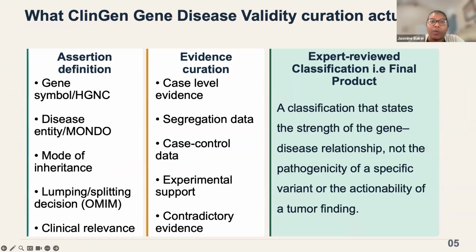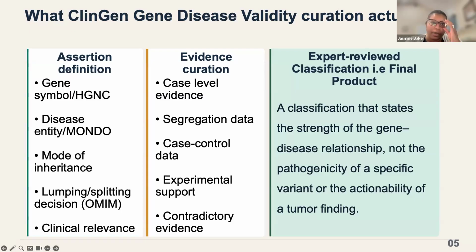So in short, what our ClinGen gene disease validity curation actually does can be lumped into three major buckets. First we have our assertion definition, and this is what happens during our pre-curation phase. It includes determining the disease entity and whether phenotype should be lumped or split with that disease entity. Next, our curators evaluate genetic and experimental evidence, including contradictory data.